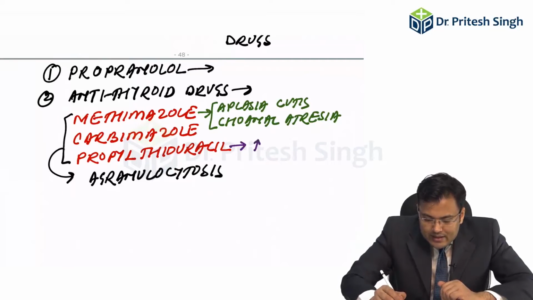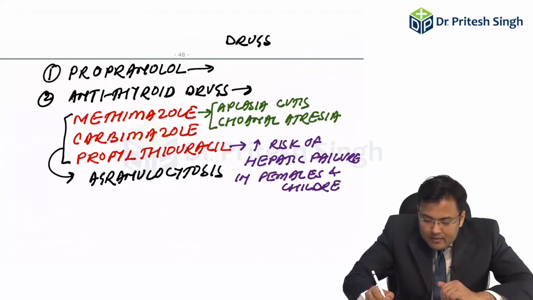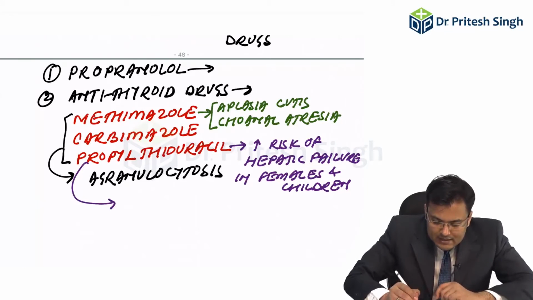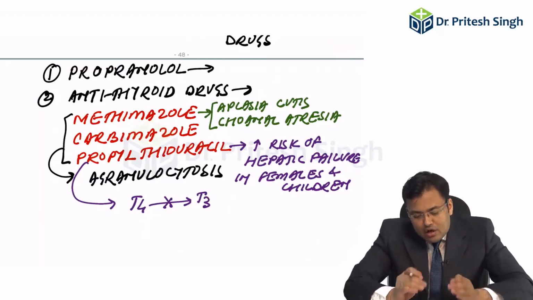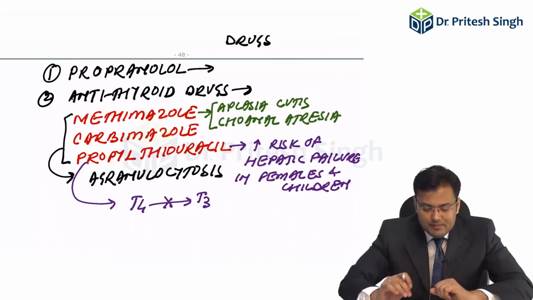It increases risk of hepatic failure in females and children. Second, there is one advantage of propylthiouracil, that it blocks peripheral conversion of T4 to T3. Lots and lots of questions are asked just on the basis of this important property.